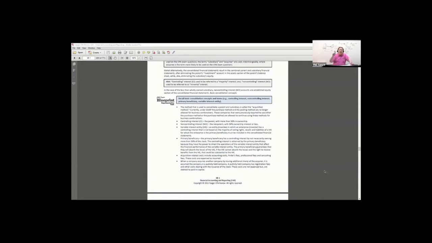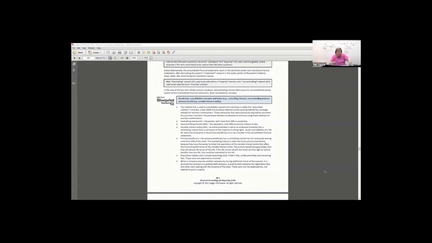Now, here's a term: the primary beneficiary, and also the variable interest entity. You can have a situation where a company acquires 50% or less of another company and they still might consolidate, because the relationship is a primary beneficiary and a variable interest entity.